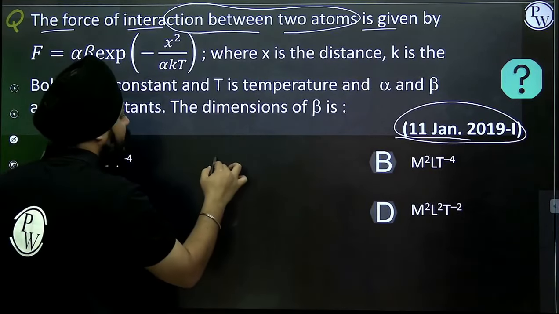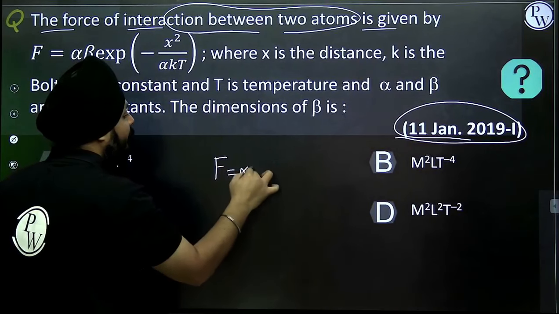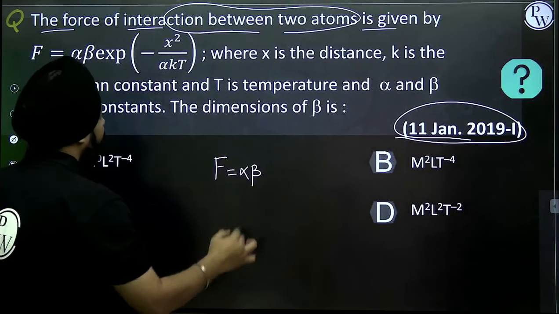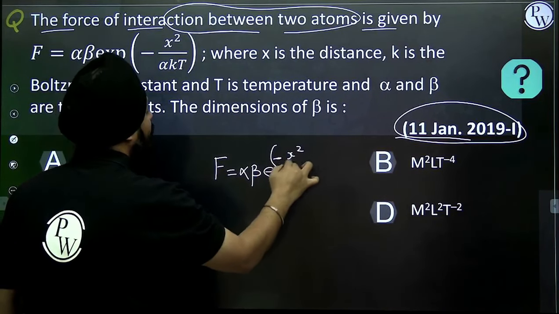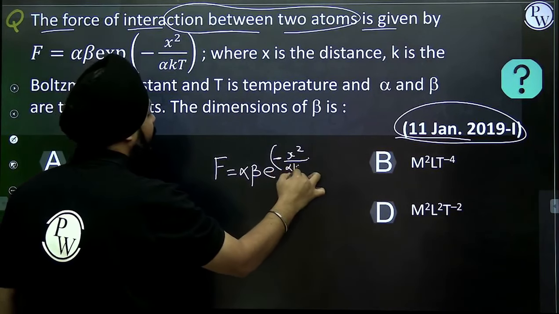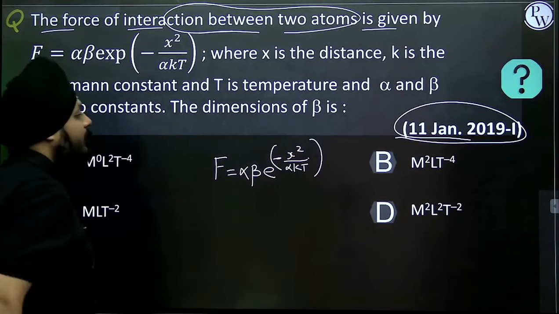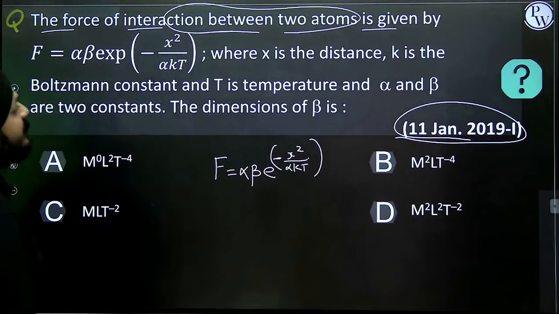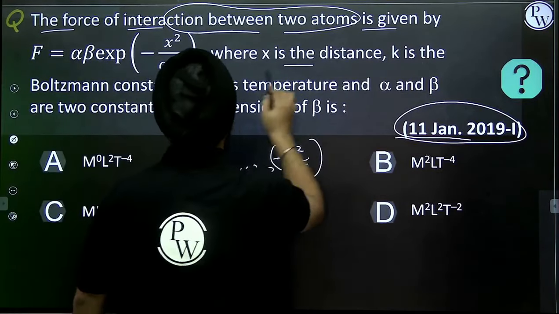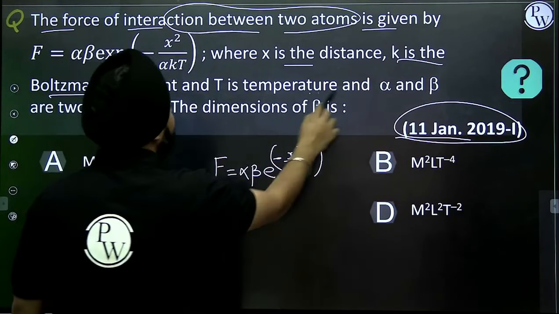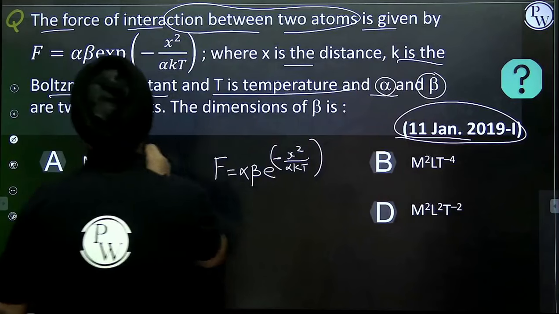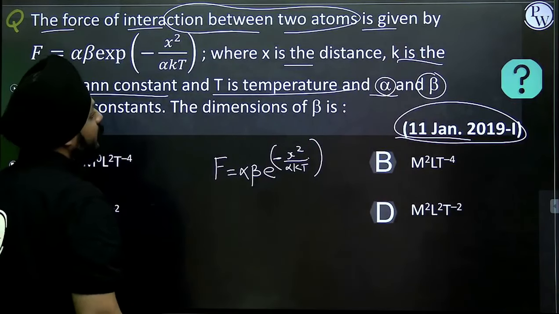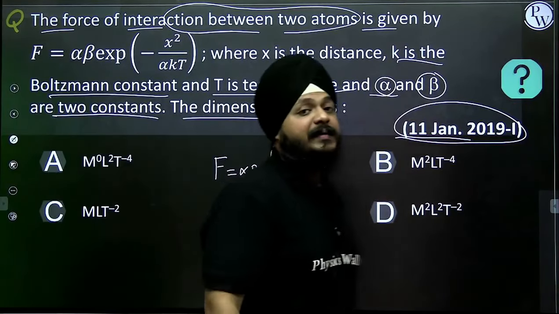See, the equation is F equals alpha beta, e to the power minus x square by alpha kt, where x is a distance, k is the Boltzmann constant, and t is temperature, and alpha and beta are two constants. What will be the dimensions of beta?